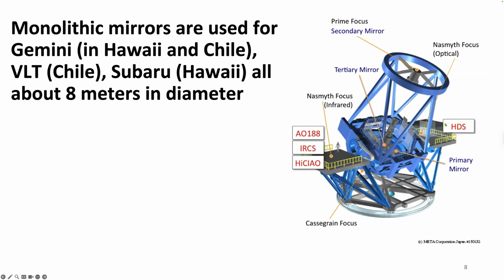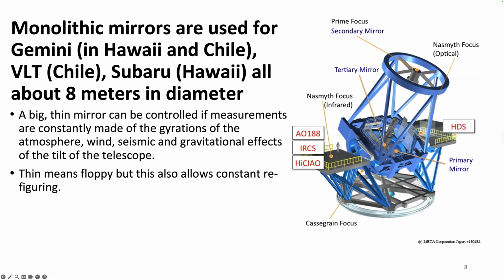This assembly is tilting, this table is rotating, again, to follow astronomical objects. This whole thing is moving, and as it moves, gravitational forces cause this structure to change. So this moves, and the shape of the primary mirror is adjusted so that the image quality remains good, even though the telescope is rotating and tilting.